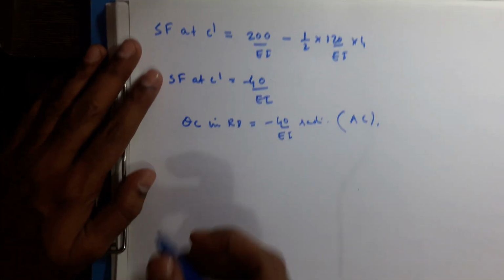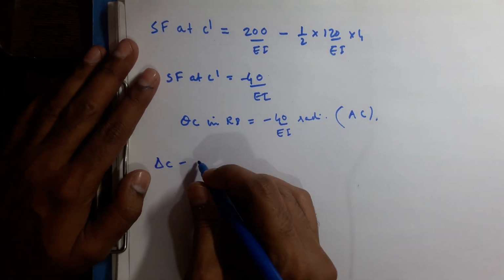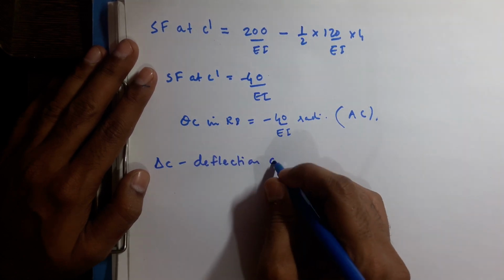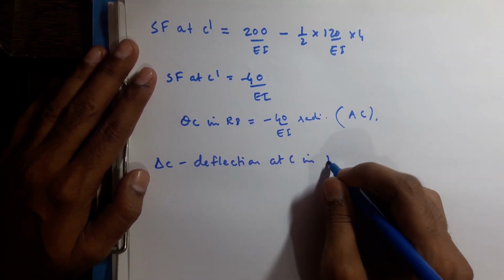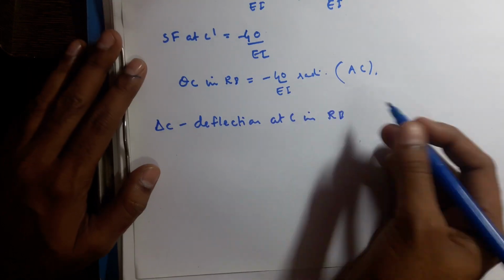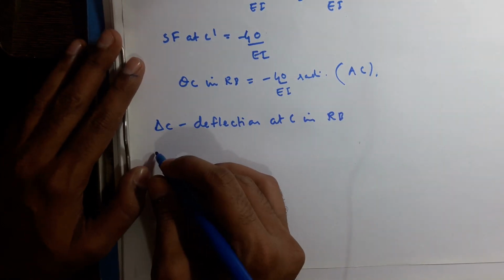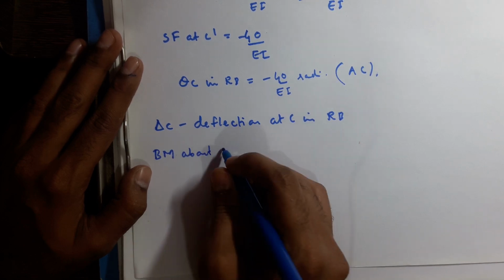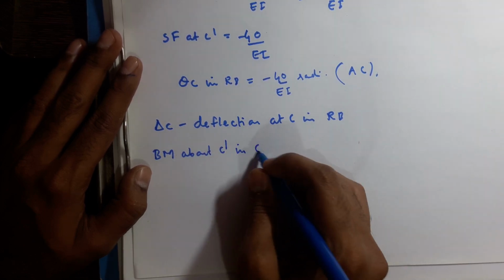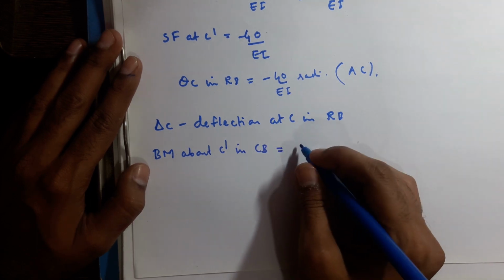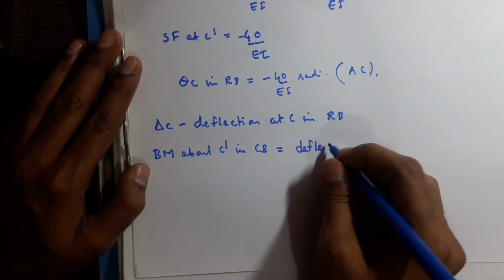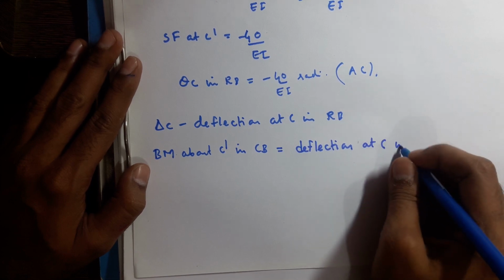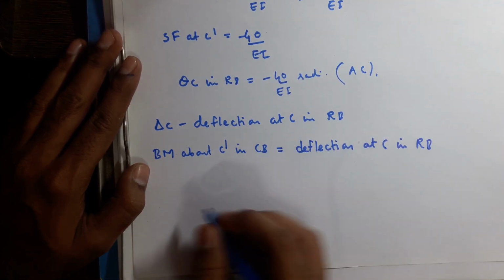Now see here, I will write here delta C. Delta C is nothing but deflection at C in real beam, which is equal to, now I will write here bending moment about C dash in conjugate beam equals to deflection at C in real beam, okay.